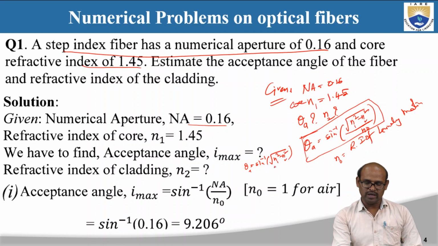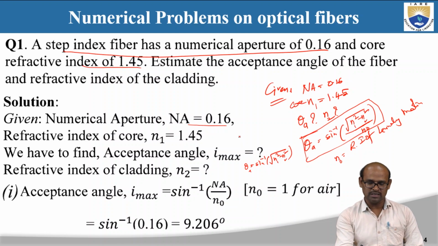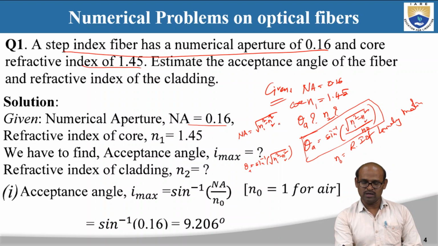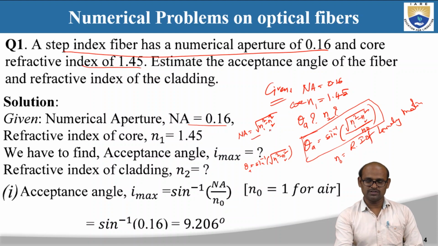The numerical aperture is square root of n1 square minus n2 square by n0, but n0 is 1 because the launching medium is air. So whatever is in this bracket is the numerical aperture, and the acceptance angle is sine inverse of numerical aperture.